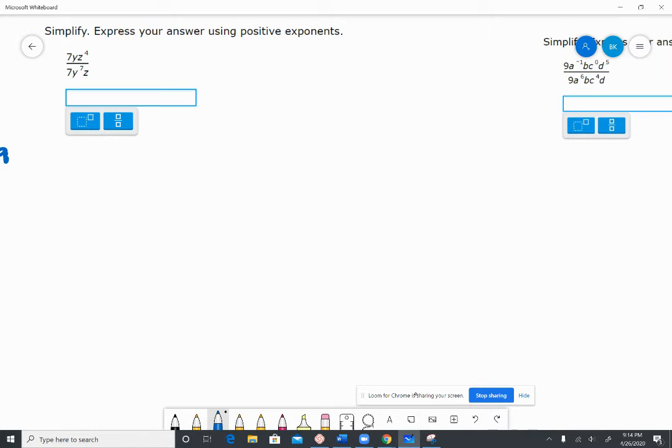Okay, so we have 7y z to the 4th over 7y to the 7th and just z. And I always like to check everything. We're going to do just one by one. 7 divided by 7 again is just 1. Y divided by y to the 7th, again, there is an imaginary 1 there.